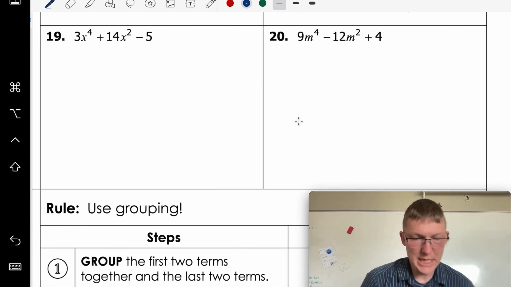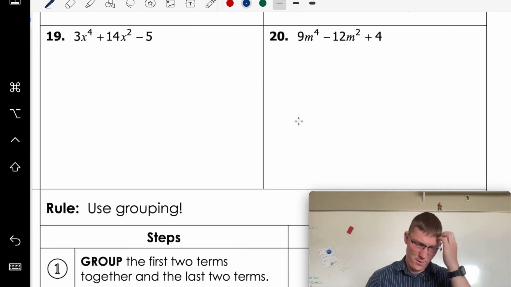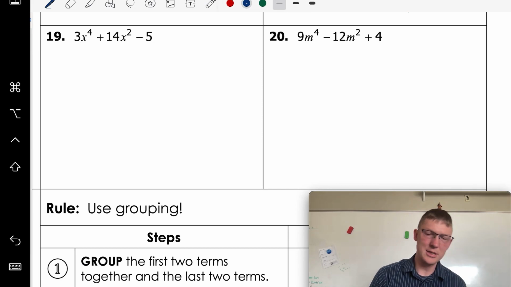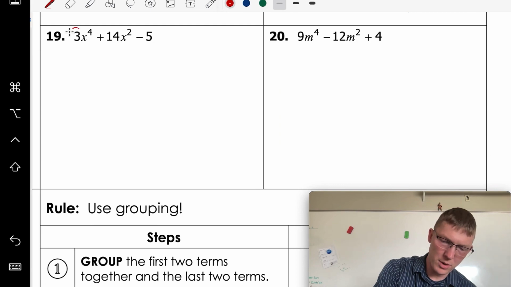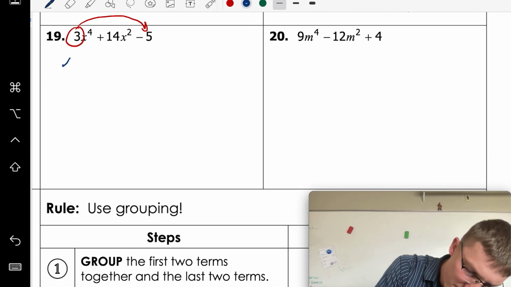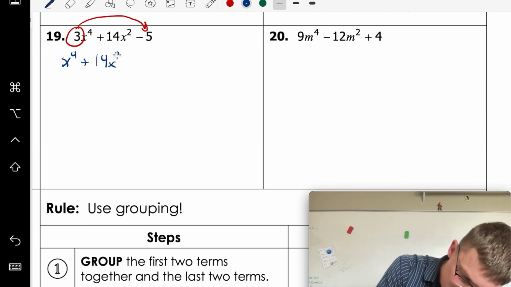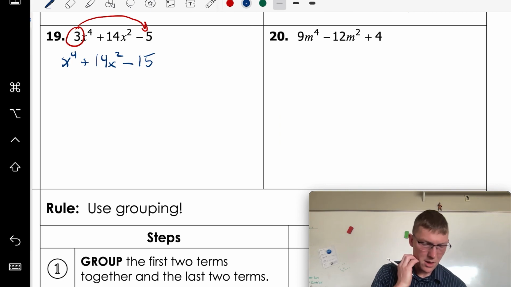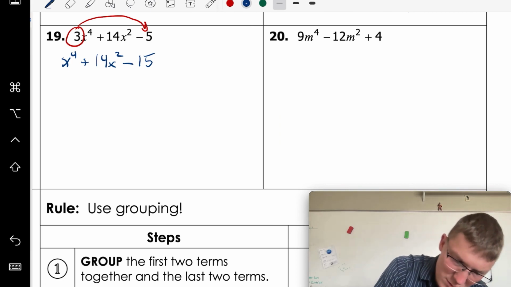So number 19, we've got that 3 in front right there. That's kind of annoying. And you can't pull a 3 out of either of those two, so it's there to stay. To deal with that, remember, we're going to take this 3 and slip it into that number right there. So now we're going to have X to the 4th plus 14X squared minus 15. Then we'll factor that.